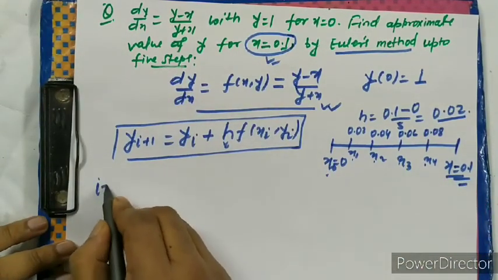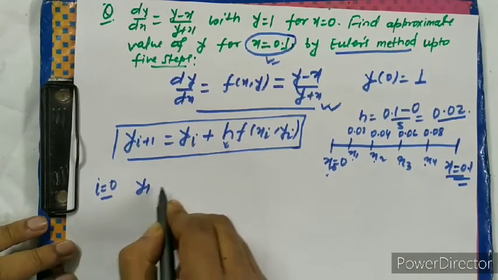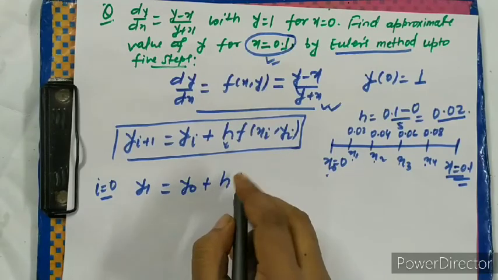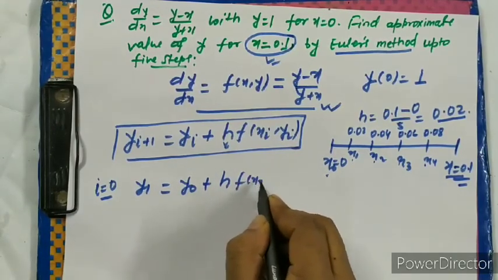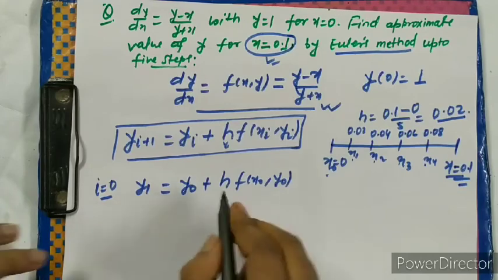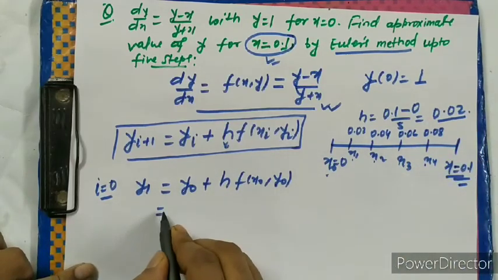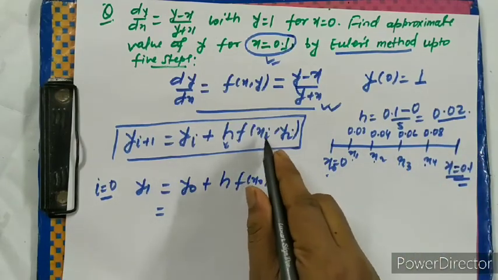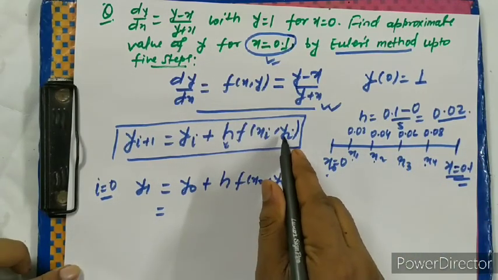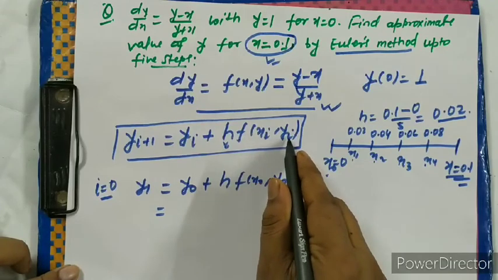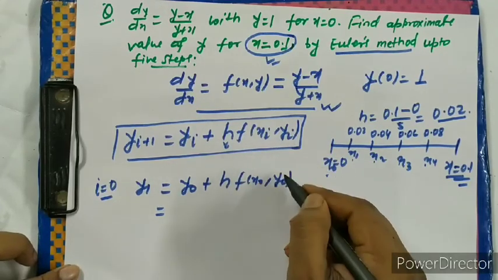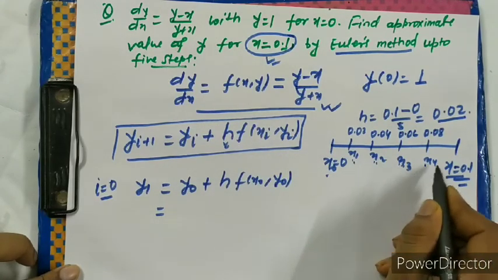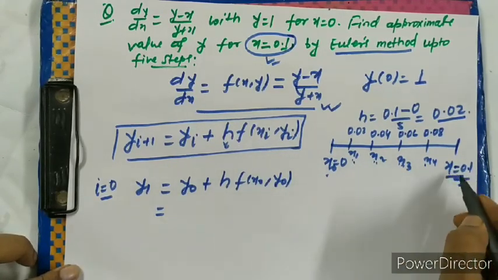So for i is equal to 0, y1 is equal to y naught plus h f(x naught, y naught). What is our h? h is equal to 0.02. सारे केस में क्या होगा? वो सेम ही होगा. चेंज क्या होगा यहाँ पे? x1 और y1 चेंज होते रहेंगे. y1 प्रीवियस वैल्यू में जो कैलकुलेट होगा उसका यूज करेंगे, और x1, x2, x3 क्या लेंगे यहाँ से? x1, x2, x3, x4, x5.